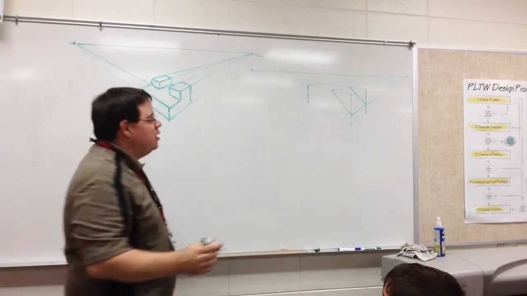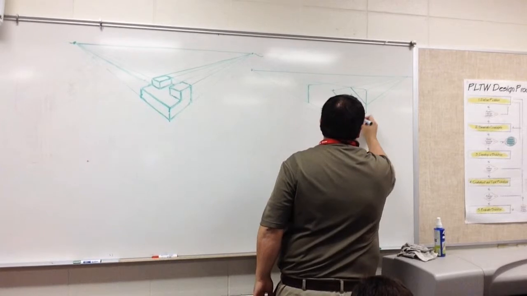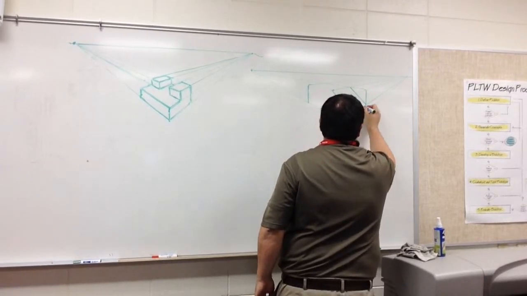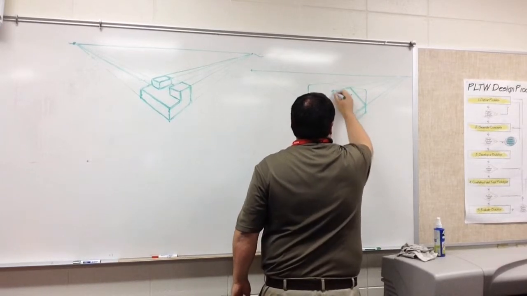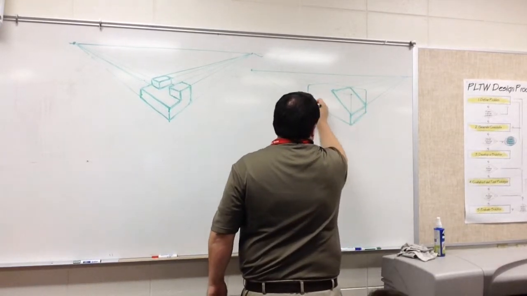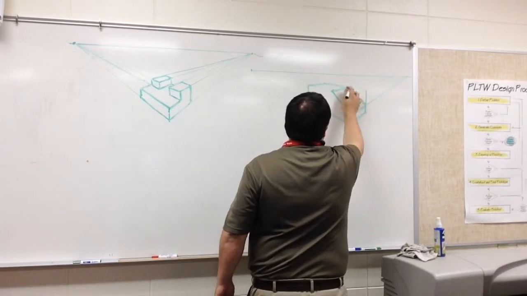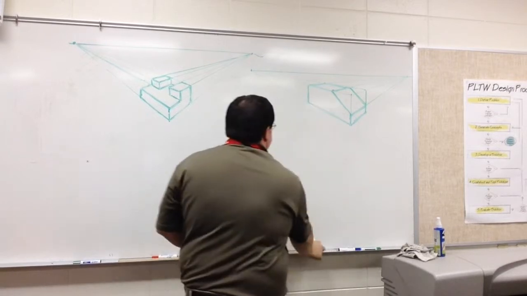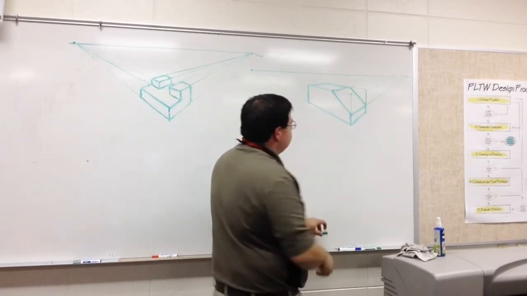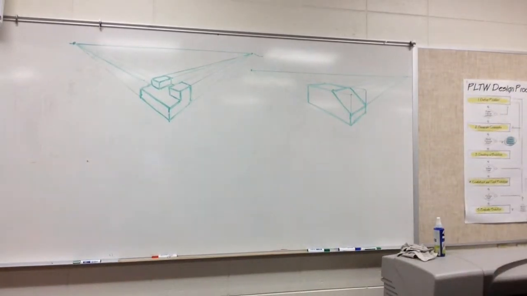I'm going to darken in my object lines just to make it distinct. But that's the end of that shape.